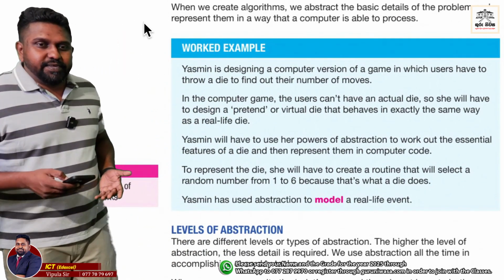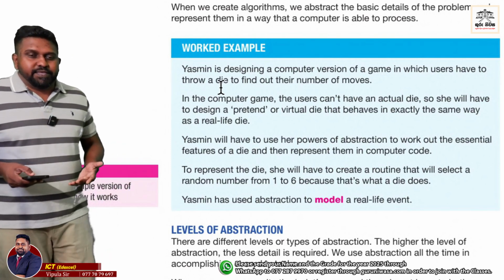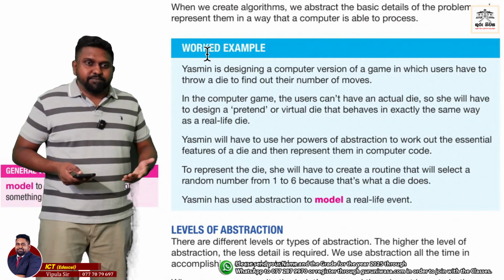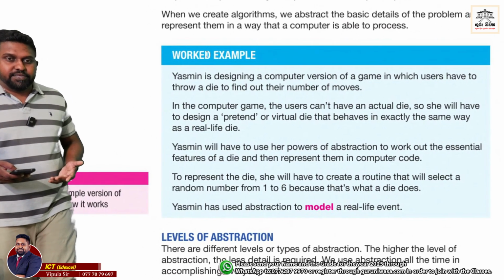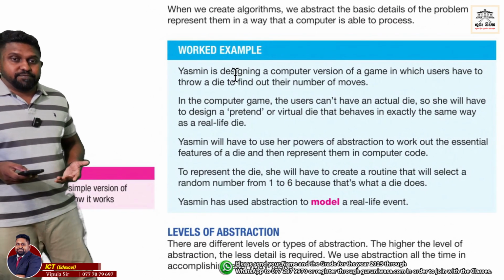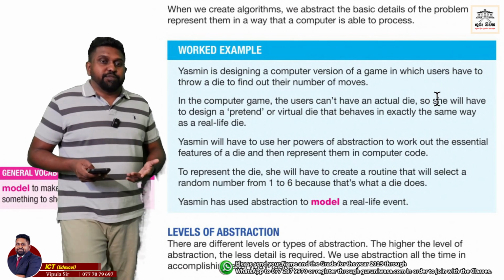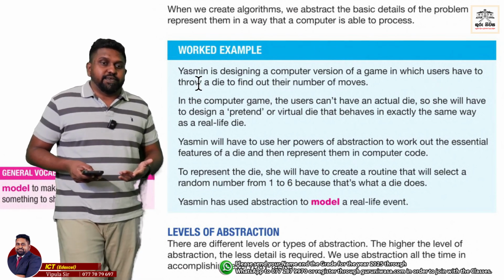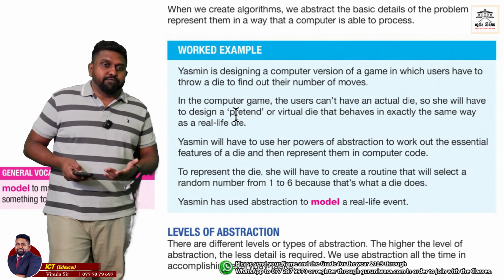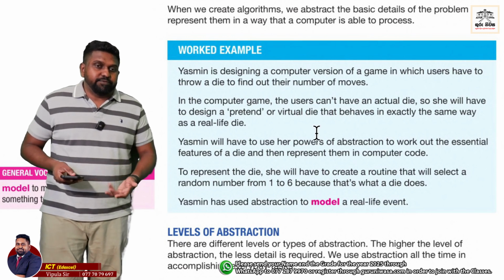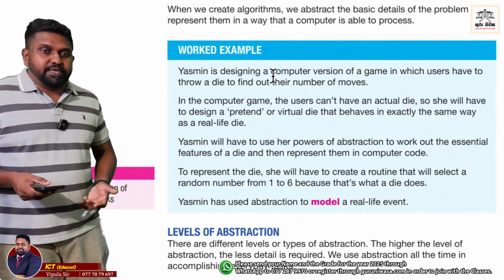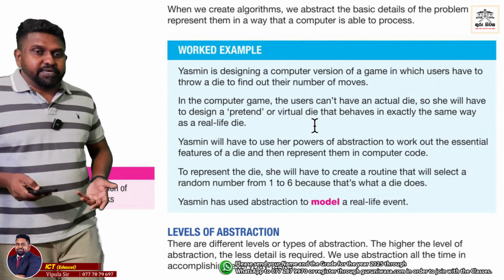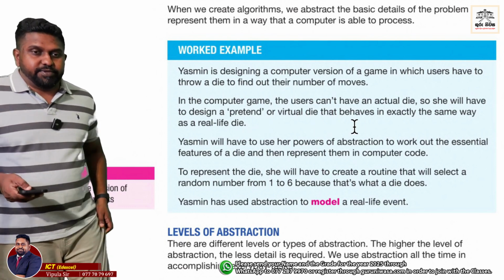The other way around, let's take this worked example in the book. It says Yasmin is designing a computer version of a game in which users have to throw a die to find out their number of moves. In the computer game, users can't have an actual die, so she will have to design a pretend virtual die that behaves the exact same way.